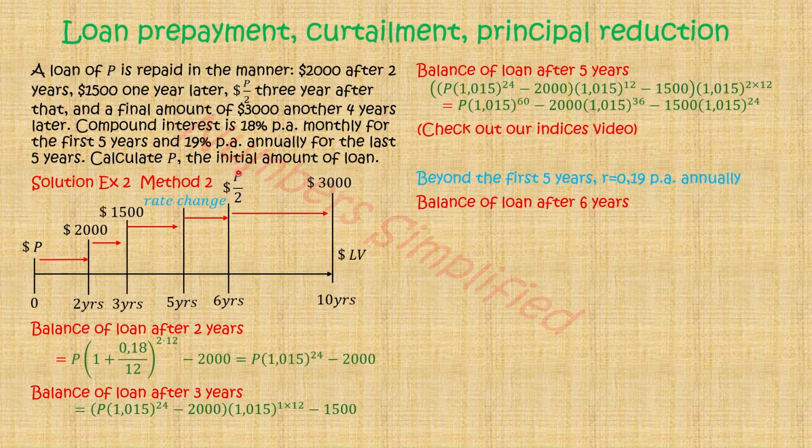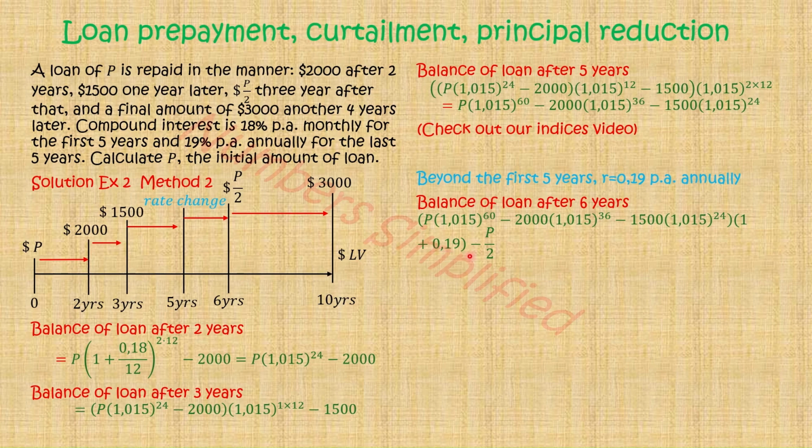So now that payment is being made on a balance that we obtained in the previous step times the 1 plus 0.19, because from the end of the 5th year to the 6th year, the balance that is left is the one that we obtained from the previous step times the interest that is accrued for 1 year, that is given by 1 plus 0.19.